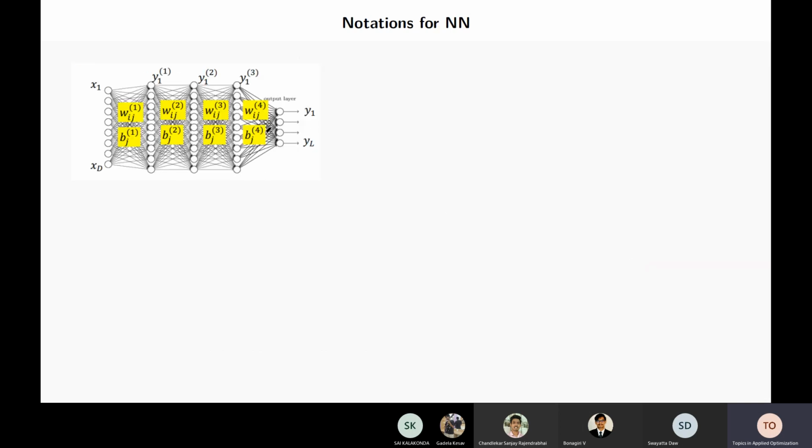Okay, so what are the notations for the neural network? I have defined them before, but again, in deep neural networks, we have multiple layers, and then we need to define weight matrices like this.